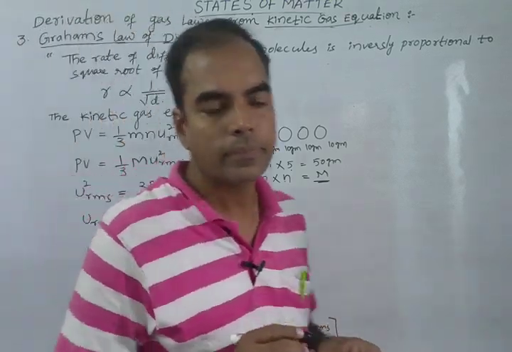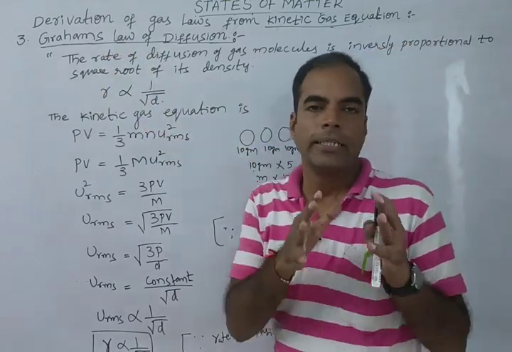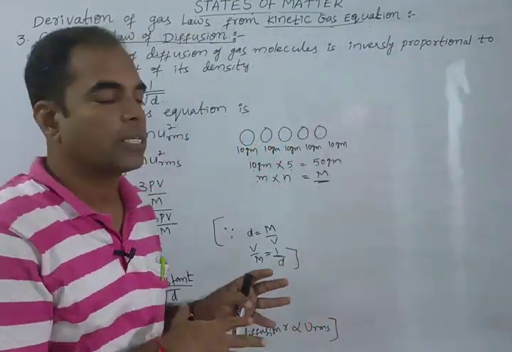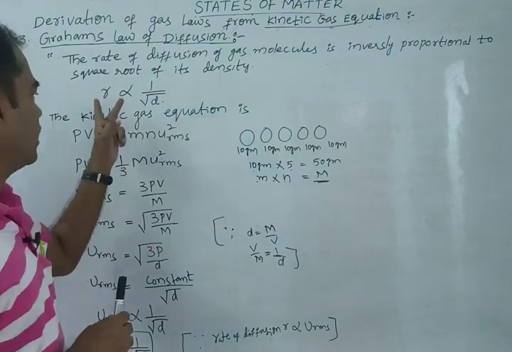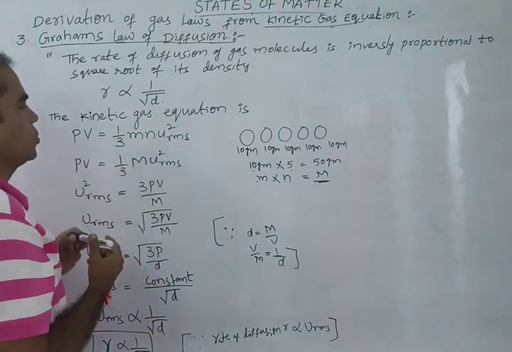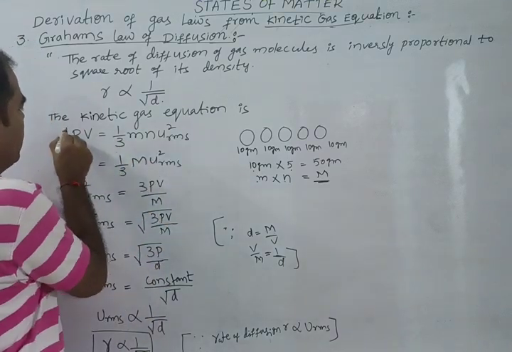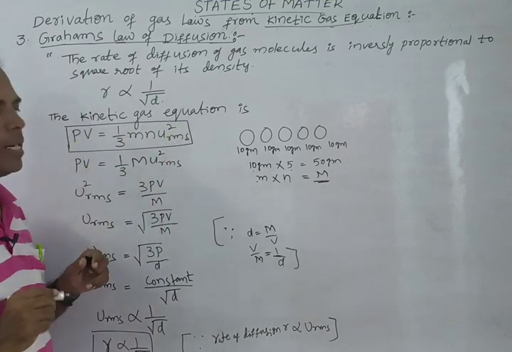Is it clear? Right? So let us see a summary. Graham's law of diffusion: the rate of diffusion of gas molecules is inversely proportional to the square root of its density. According to the kinetic gas equation, PV equals 1 by 3 mn u square RMS.